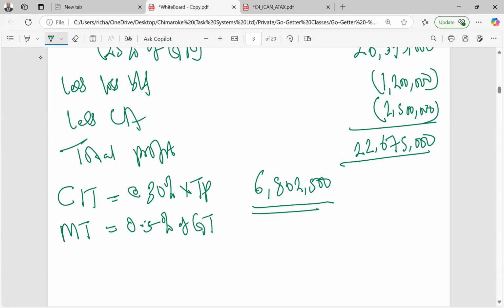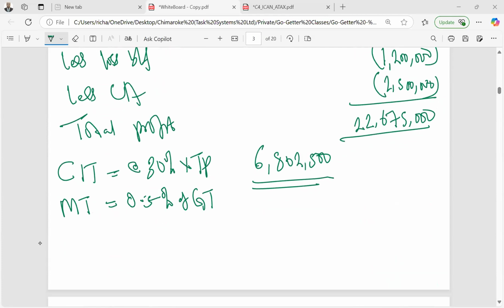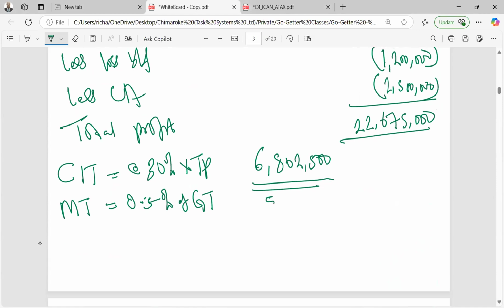Gross turnover, we said it was 105,500,000, multiplied by 0.5 divided by 100. That's 527,500. Of course, it is lower than our CIT, so our CIT is going to be used.